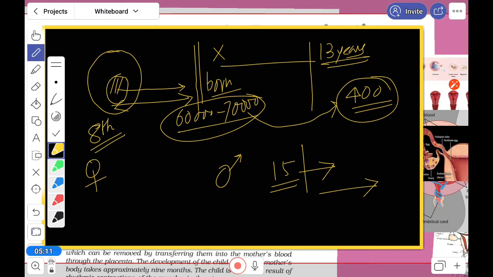When they are born, they contain thousands of immature eggs in their body. But maturation starts at the age of 13, and from those only 400, because per month one egg matures, in one ovary, alternately. So I think you got this fact.